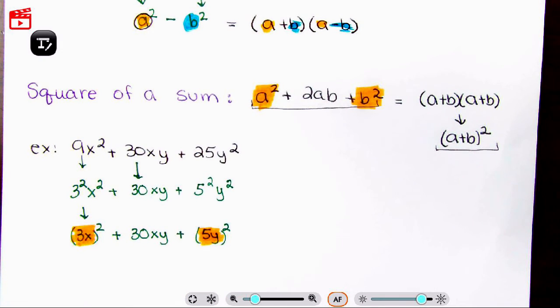Now the middle term needs to be 2 times a and c. So 2 times 3x times 5y needs to equal 30xy, and it does.